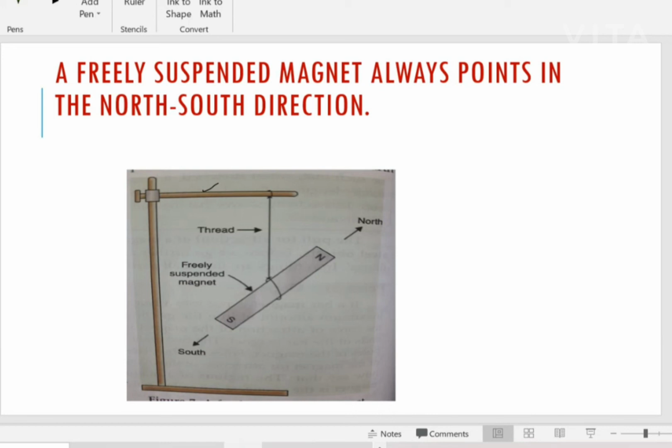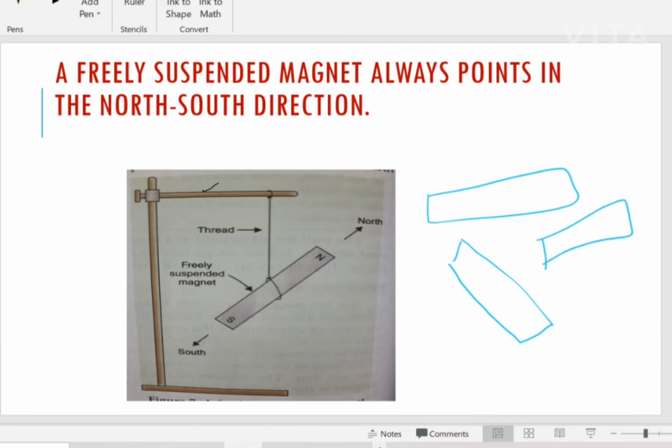What happens next? Once you leave it, it may stand in this direction or this direction. You can expect it will be rotating as it is freely pivoted. It can rotate in different directions.